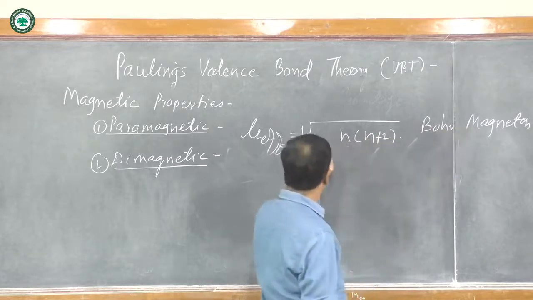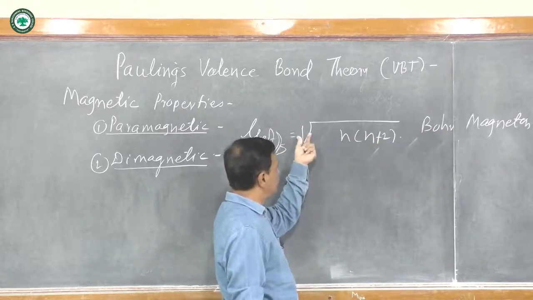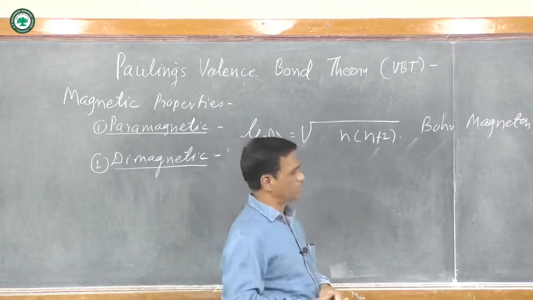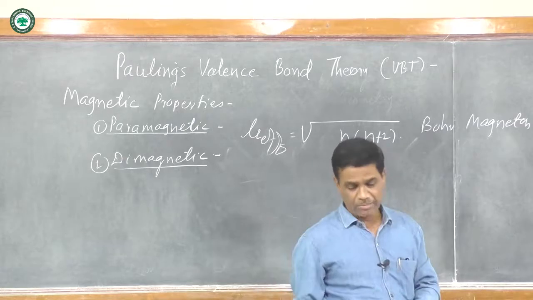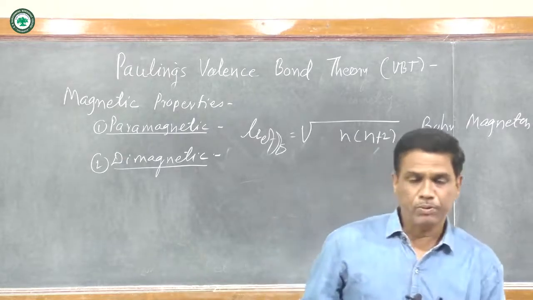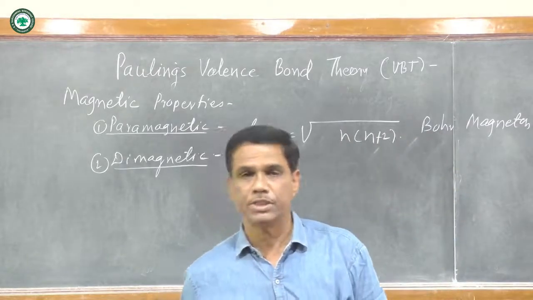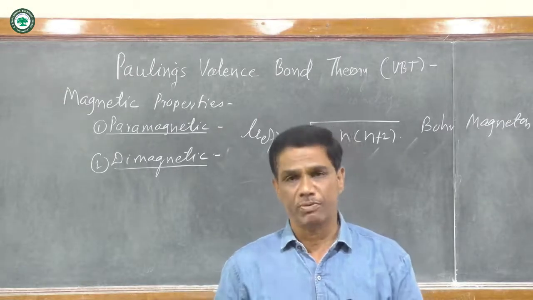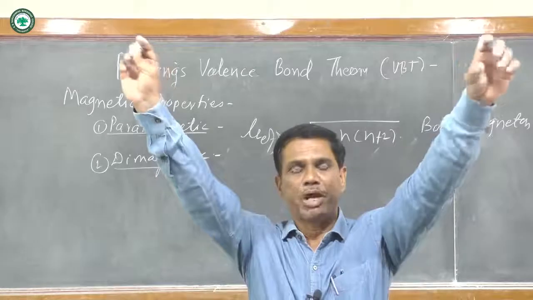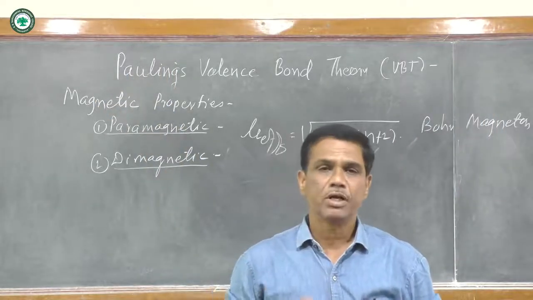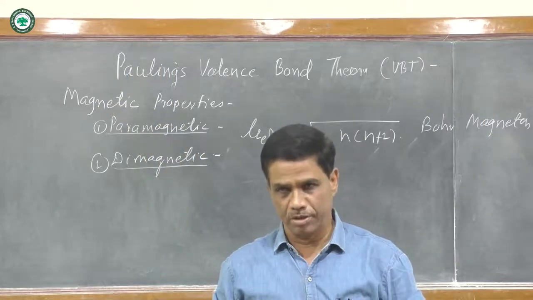That means by VBT, valence bond theory, also known as Pauling's valence bond theory, you can calculate the magnetic moment of that complex from the number of unpaired electrons.